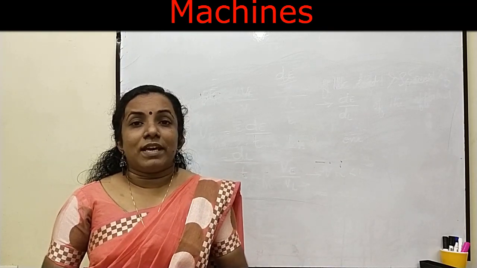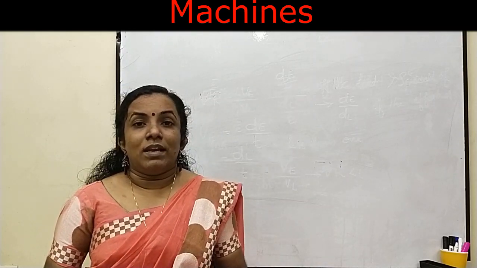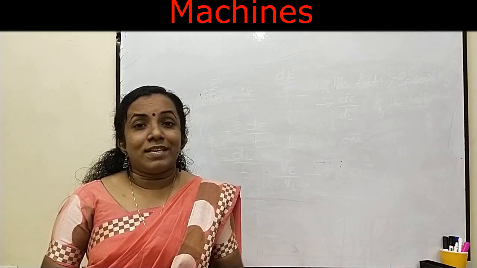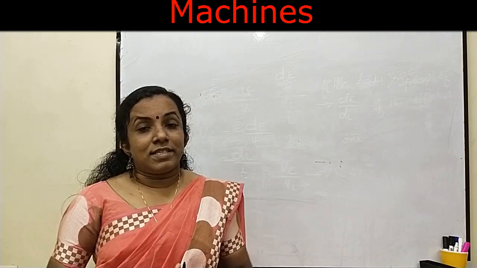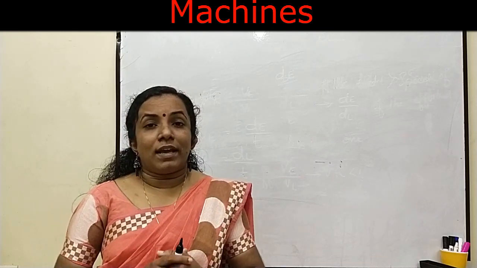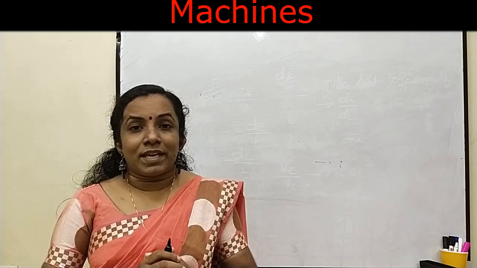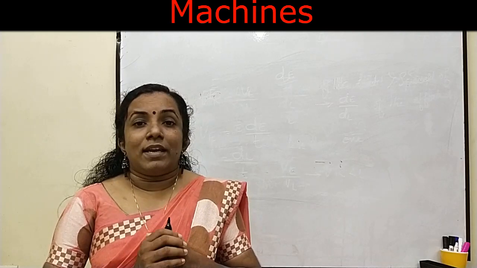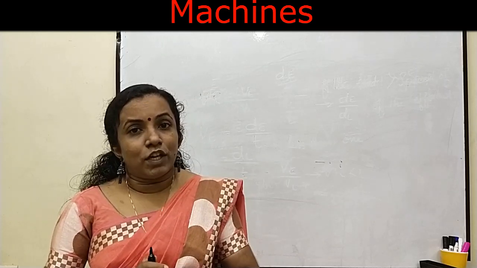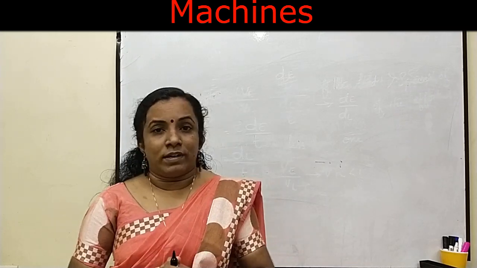Using a pulley, we can apply the force in the downward direction and the water will come in the upward direction. The resistive force offered by the load and the effort we apply on the string will be equal, and hence mechanical advantage is equal to 1. Also, the distance travelled by the load and the distance travelled by the effort will be the same, and hence the velocity ratio also will be equal to 1.